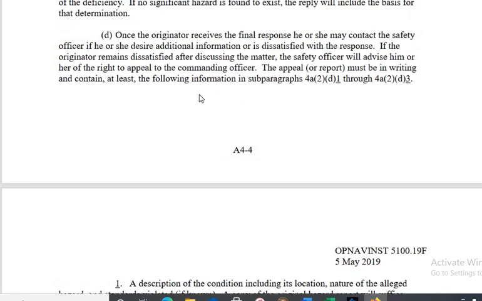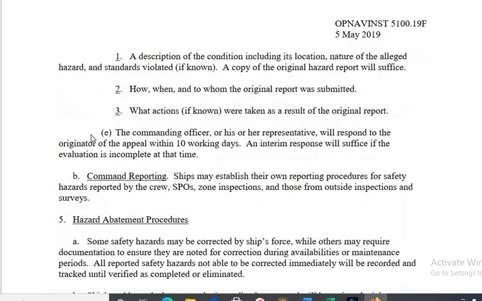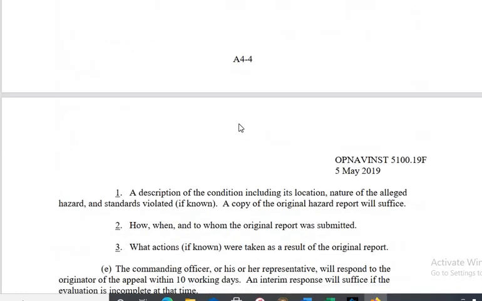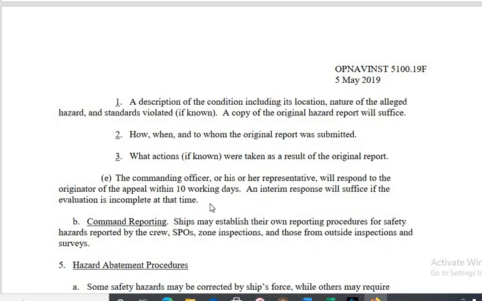And that happens within 10 days too. So to me, those are kind of easy timelines. Remember, the safety officer has to respond within 10 working days, and then the CO has to respond to an appeal within another 10 working days if you want to.